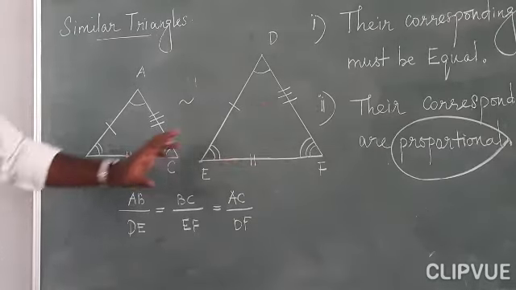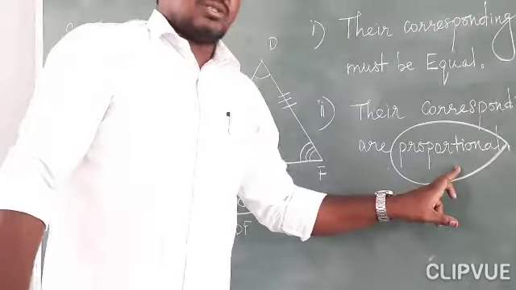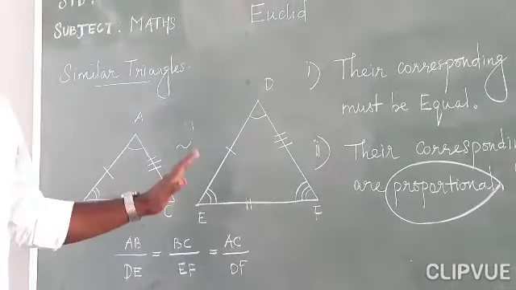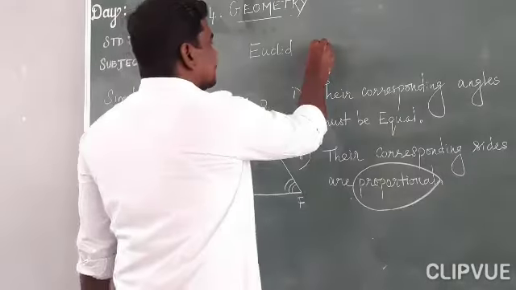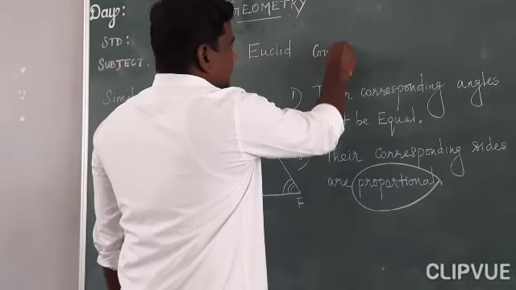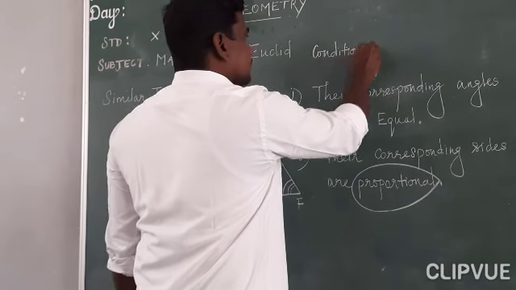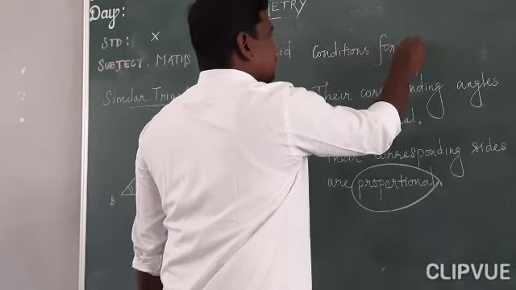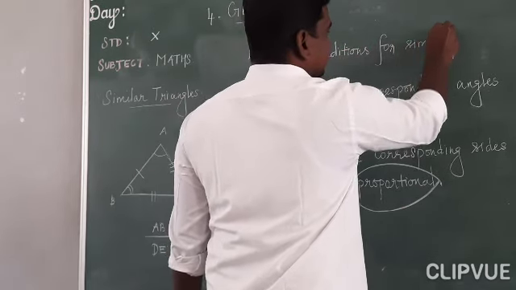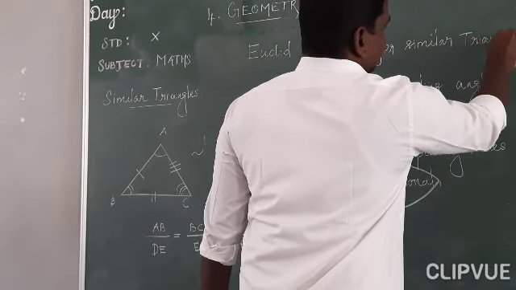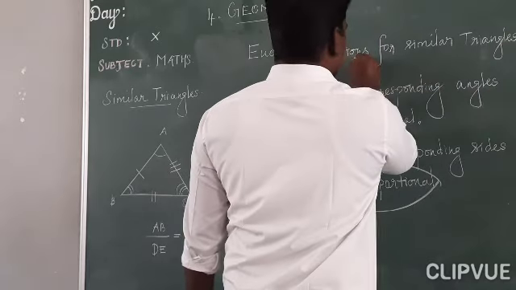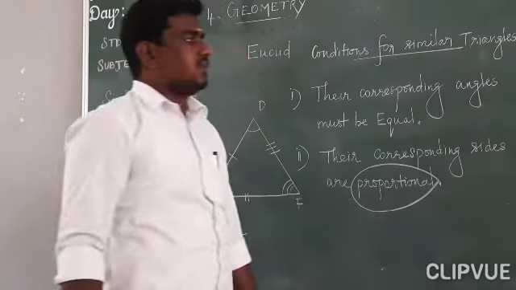So if the corresponding sides are proportional, we can say the two triangles are similar. So there are two conditions for similar triangles.